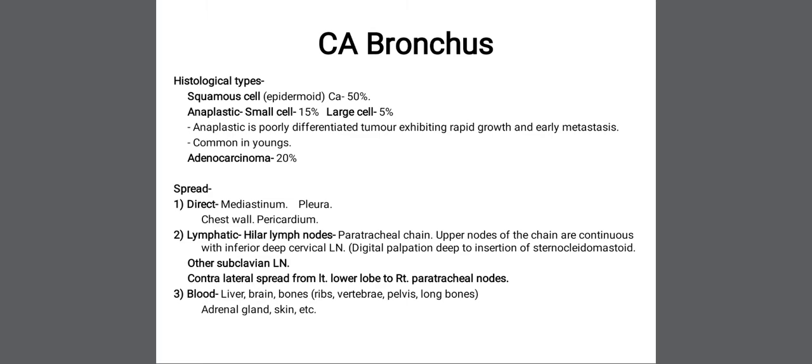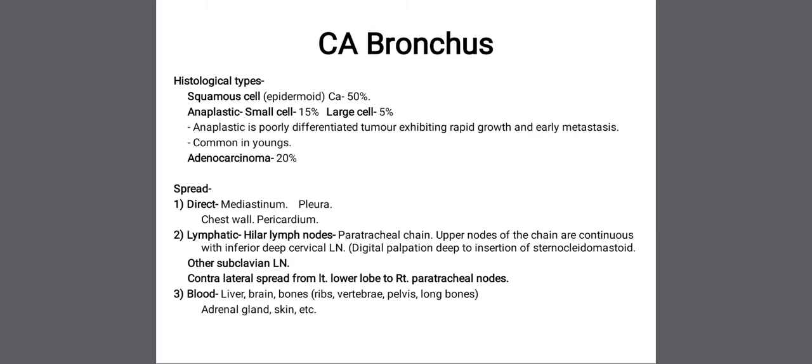The direct spread may go to the mediastinum, pleura, chest wall, or pericardium. Through the lymphatics, it spreads from the hilar lymph nodes to the paratracheal chain.